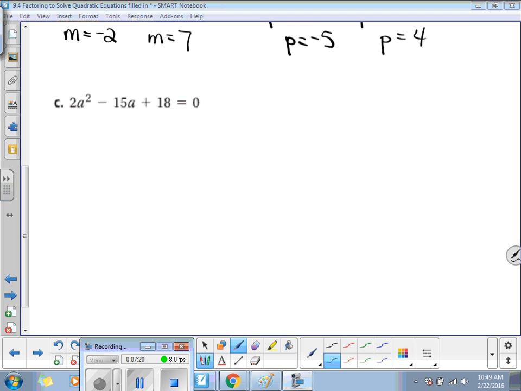So for problem C, we are going to use the AC method because we have a coefficient in front of the first term. So when we multiply 2 times 18, let me write AC, that's going to give us 36.